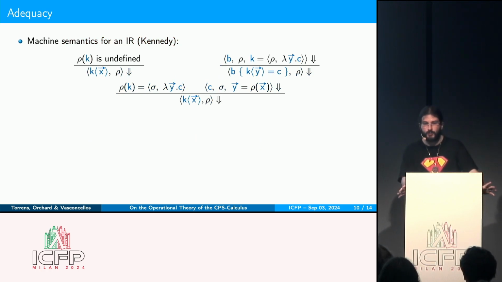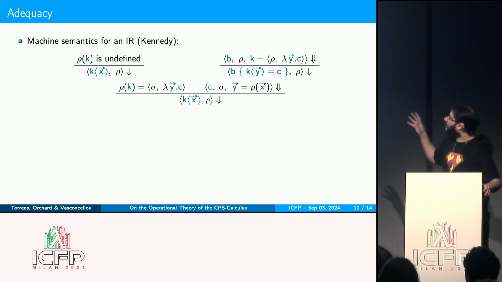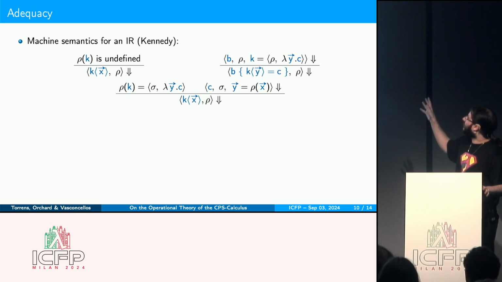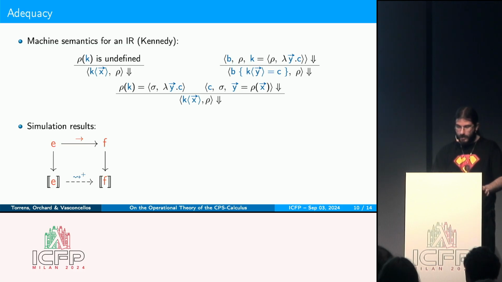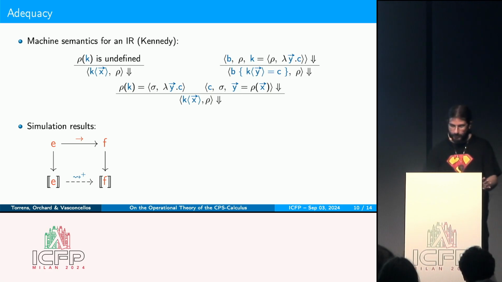So our first result, in trying to show that the CPS calculus actually models the IRs as used in compilers, is this: we take the semantics that Kennedy gave for his IR. This is just an abstract machine semantics. And we verify that reduction in the lambda calculus can be simulated by the CPS calculus.